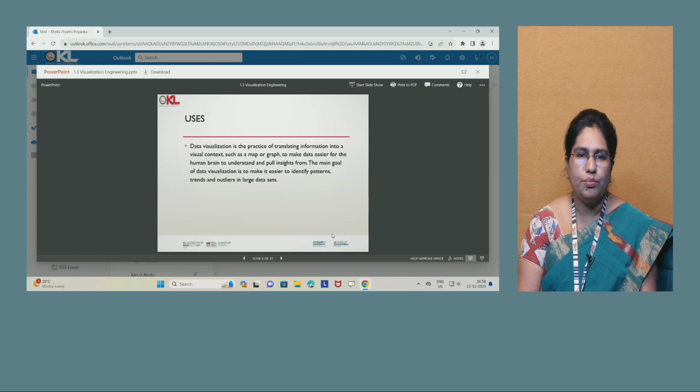With the help of that, the data is easier for the human brain to understand and pull insights from. Without investing much time or knowledge, we can easily recognize a particular graph, and the data becomes much easier for the human brain to understand.